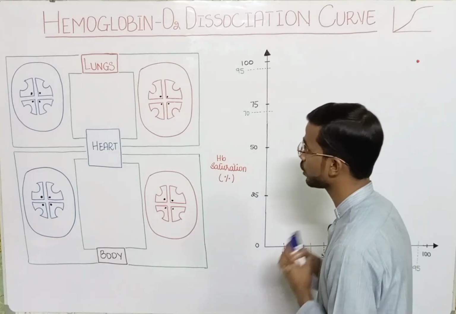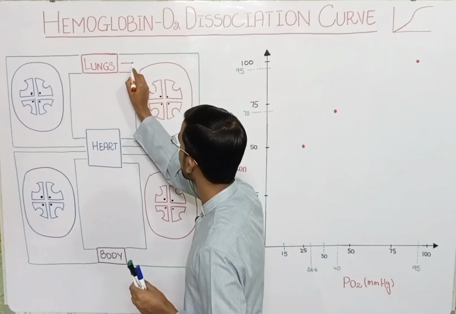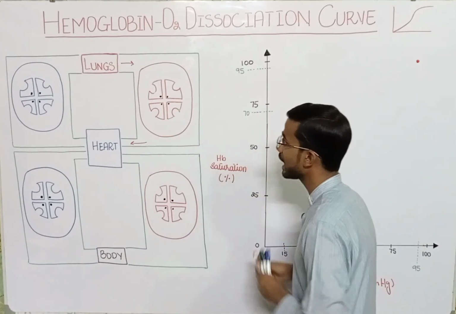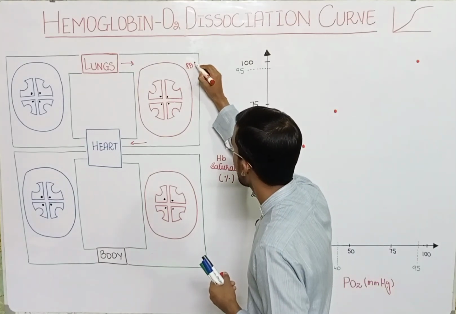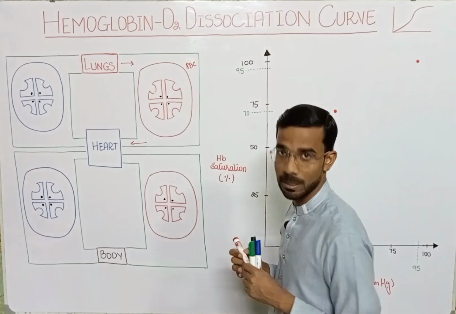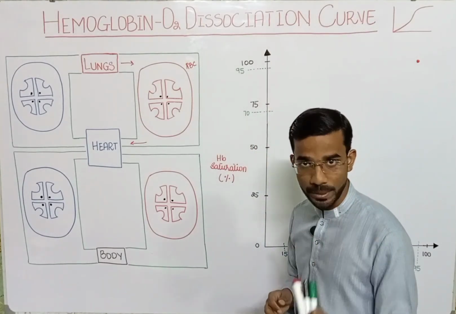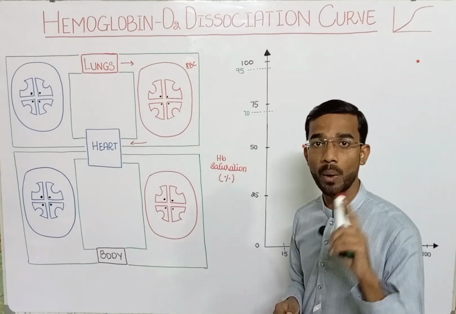So after oxygenation the blood moves towards the heart. This is the whole process. Now this is the RBC, and in the RBC you will see the hemoglobin. Hemoglobin is composed of 4 globin chains, and each globin chain consists of one heme group.